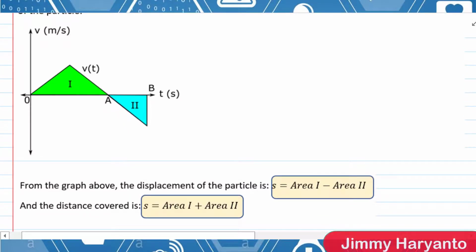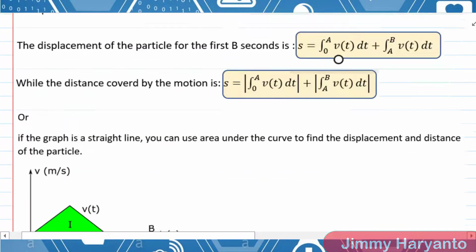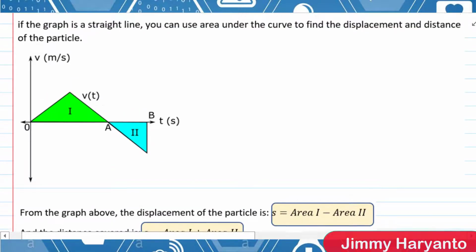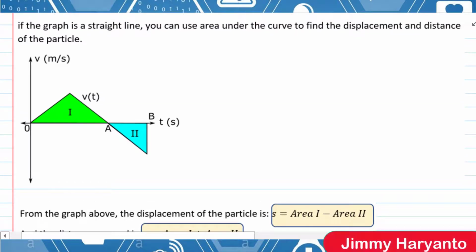From the graph before, the displacement of the particle is S equals area 1 minus area 2. The area will not give you a negative value like the integration, right? Integration can give a negative result, but for the area it has to be positive. From elementary school, your teacher never told you that there are negative areas, right? It's always positive. So when you find the first area, it will be positive, and the second area will also be positive.